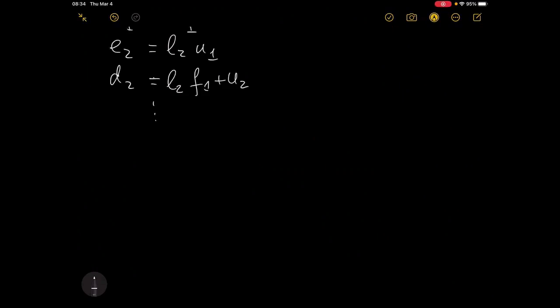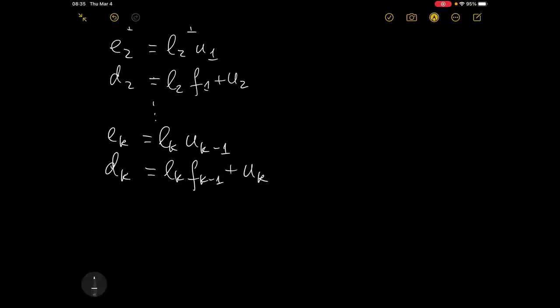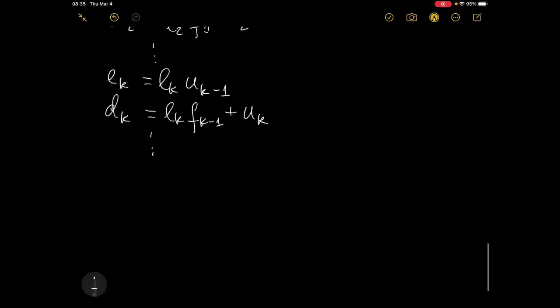Essentially, let me write it: Ek equals Lk Uk minus 1, Dk is equal to Lk Fk minus 1 plus Uk, and so on. And in the end, you have En equals Ln Un minus 1, Dn equals Ln Fn minus 1 plus Un.